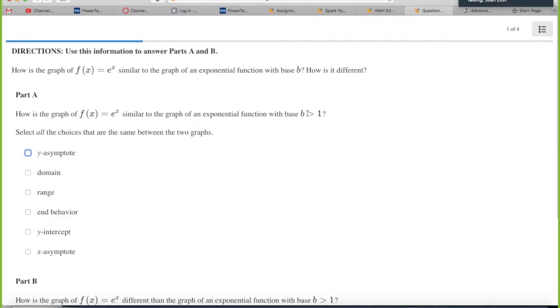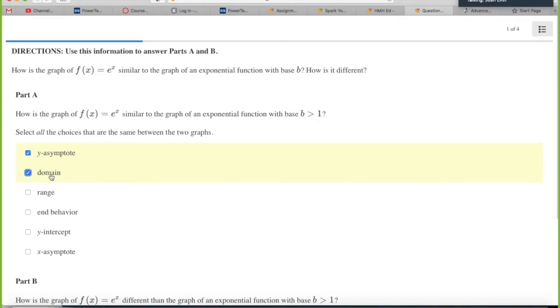That means we are going to have two exponential growth functions, so they're going to be growing. Select all the choices that are the same between the two graphs. They both have the same y asymptote, y equals 0. Both have the same domain: all values of x are defined.